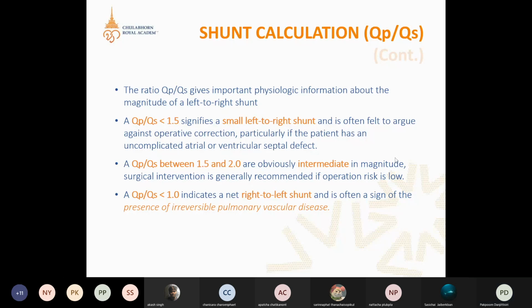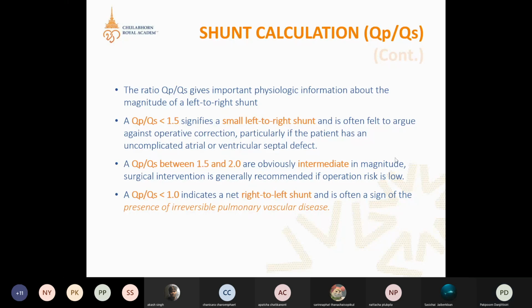Because actually, if there is ASD or VSD, then imagine the left side of the heart has more pressure, right? Higher pressure than the right side of the heart.